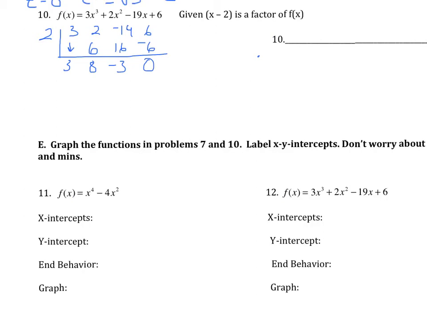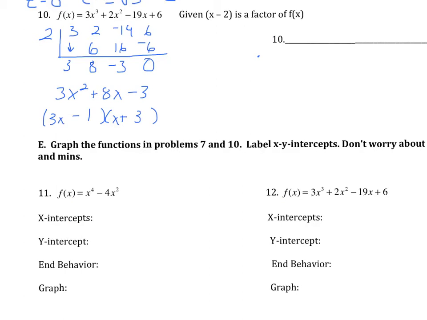So now I'm going to use my remaining polynomial, which is 3x squared plus 8x minus 3, to factor further. So I'm going to factor it with a 3x and an x. And since I want to make it 8, I'm going to put a 3 over here to make a 9 and a 1. So I'll have a minus 1 and a positive 3.